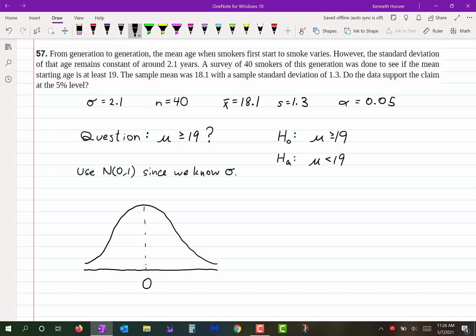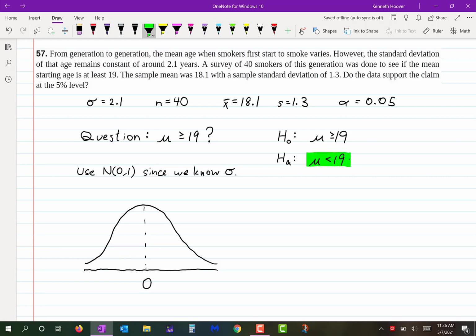Okay, now there is a thing called a two-tailed test, and there's things called one-tailed test. Okay, this is a one-tailed test because our alternative hypothesis is mu less than 19?